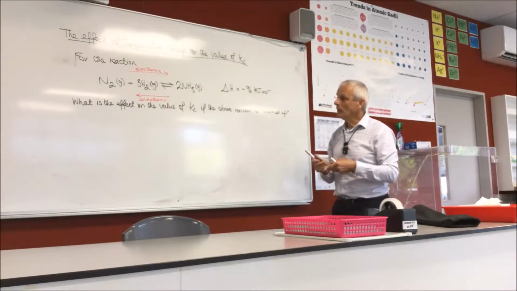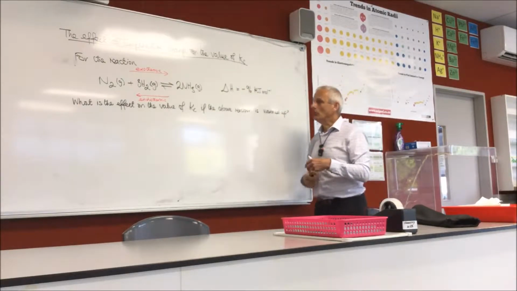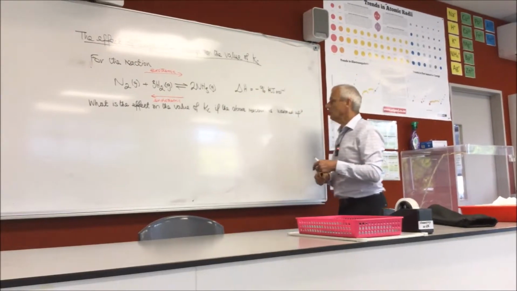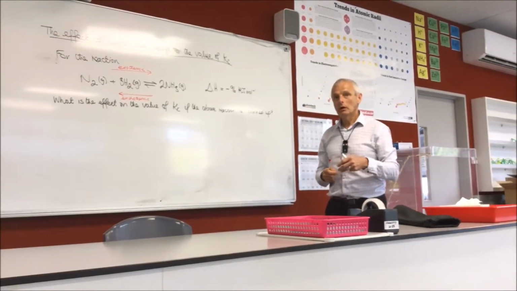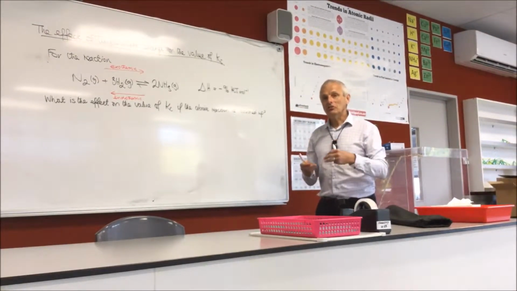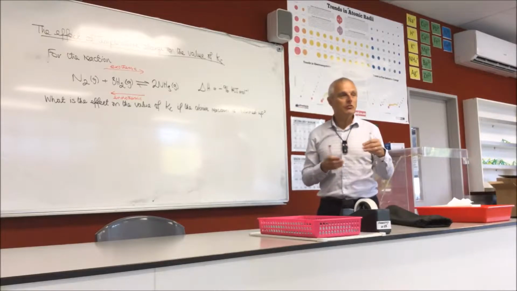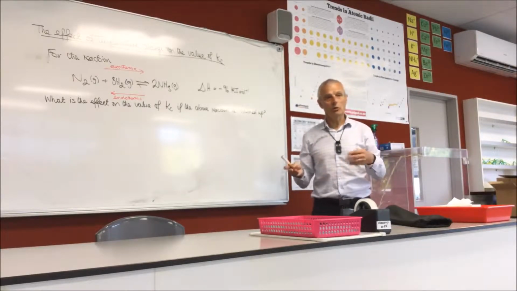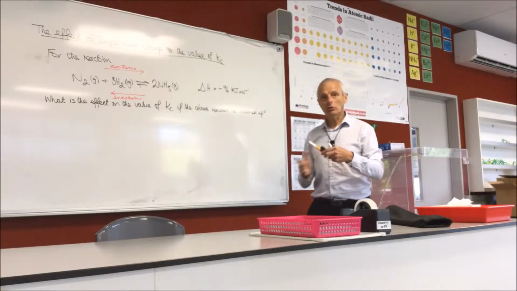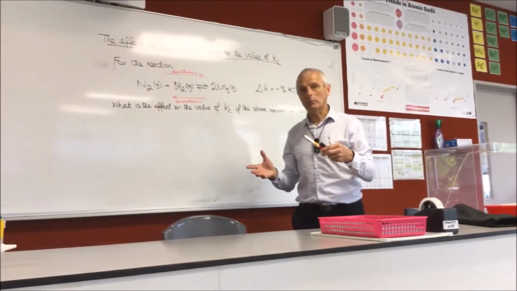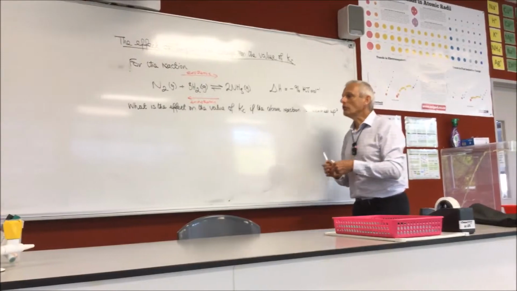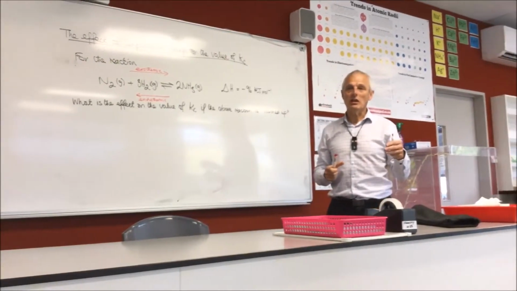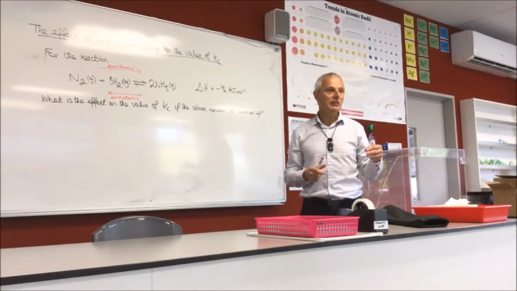Okay? So this is our question. What is the effect on the value of Kc if the above reaction is warmed up? This is a very straightforward question if you just follow the structure I said before when you answer one of these questions. So we're talking about equilibrium and the effect on equilibrium of heating. What's the very first thing we need to state in our answer?